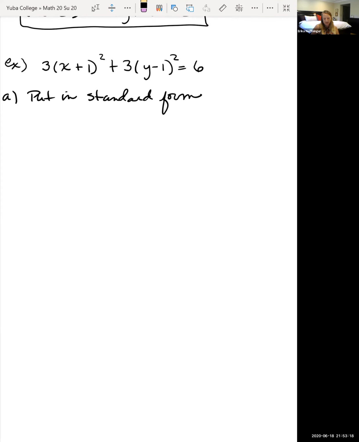And we can do that by dividing. This is an equation, so whatever we do to one side, we can do to the other. So if we divide everything through by 3, it's now in standard form. So we have x plus 1 quantity squared plus y minus 1 quantity squared is equal to 2.